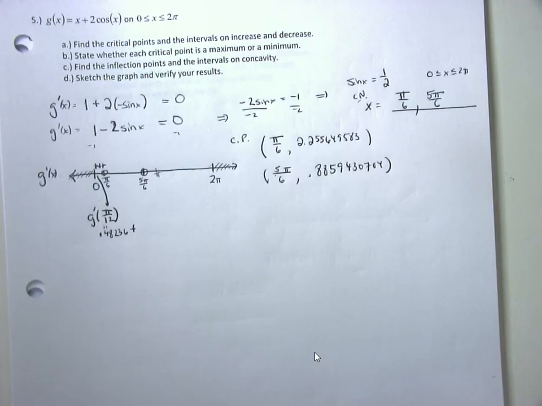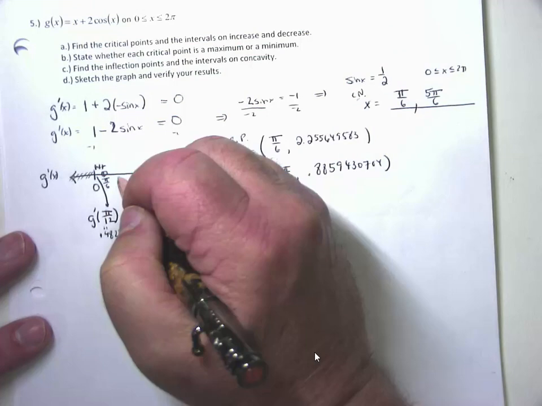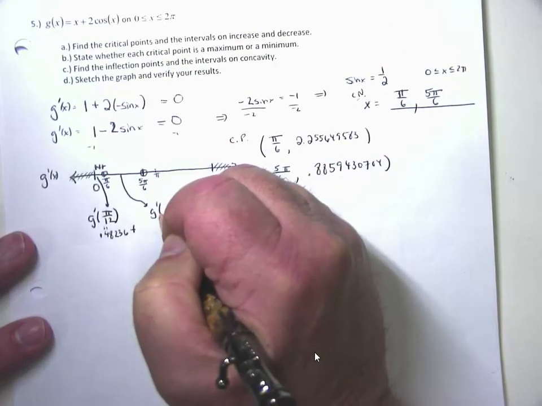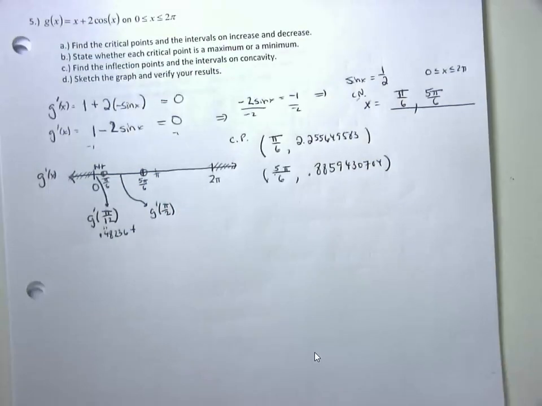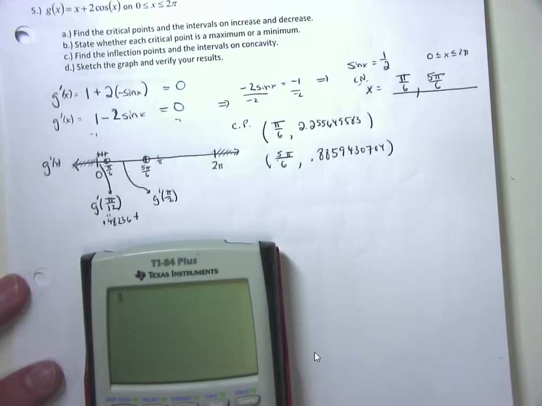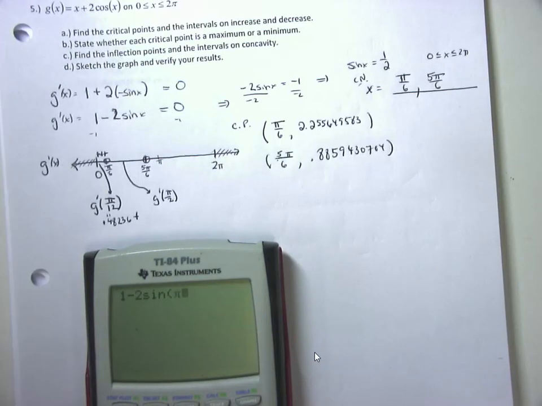So I'll pick a number between pi over 6 and 5 pi over 6. You could choose pi over 3. I would choose pi over 2. 90 degrees, straight up the middle. When I plug it in, it's going to be 1 minus 2 times the sine of pi divided by 2.